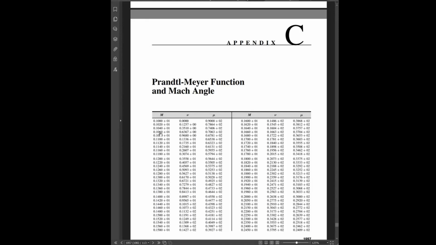You can have all, for example, Mach number. For example, I have my Mach number and I can see my Prandtl-Meyer function corresponding this line, and I can see my Mach angle mu, or vice versa.